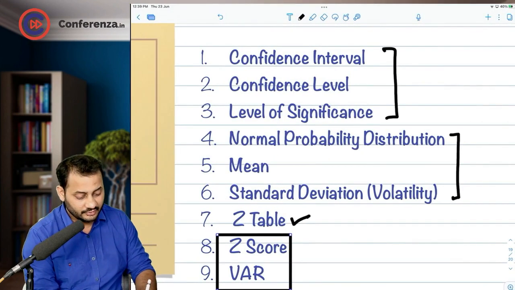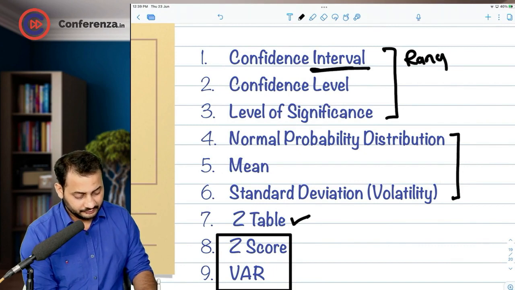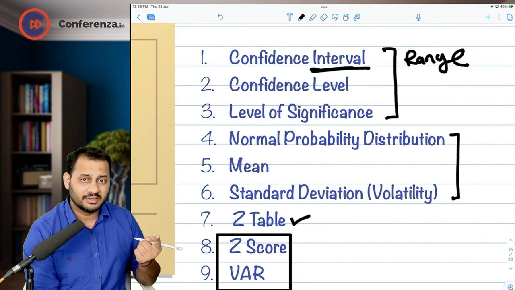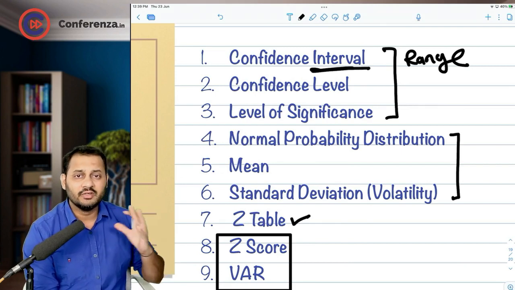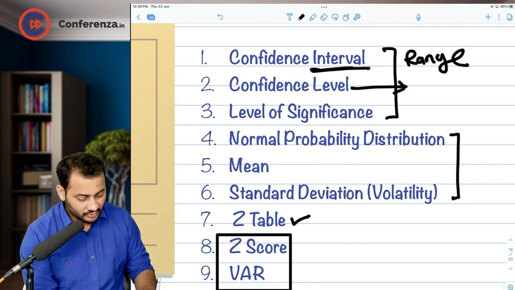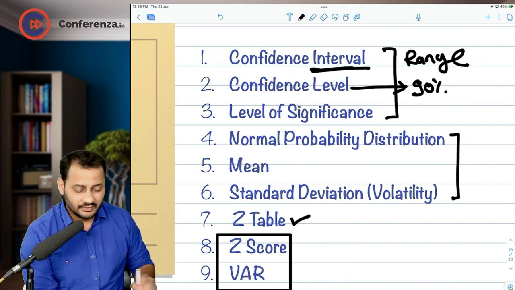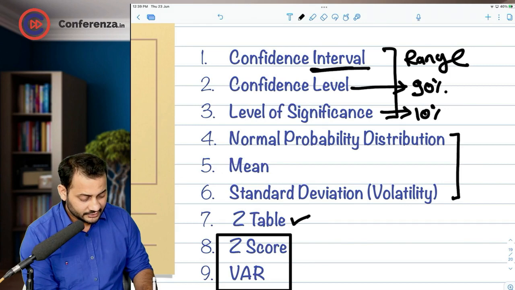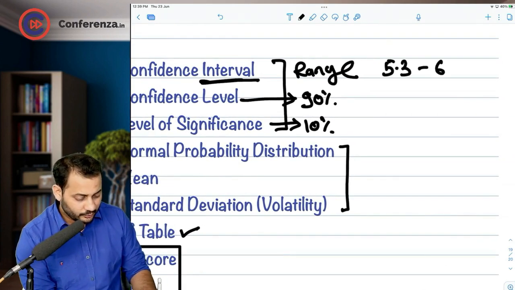This is your first concept: the range. The 90% that you referred to, the 90% probability that everyone will fall in that category, is called the confidence level. The opposite of the confidence level is called the level of significance, which is 10%. Now, what was the range? 5.3 to 6.2.